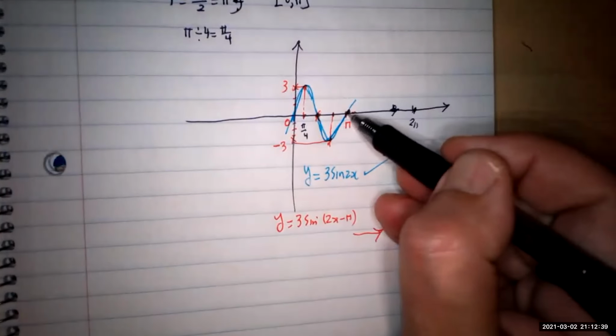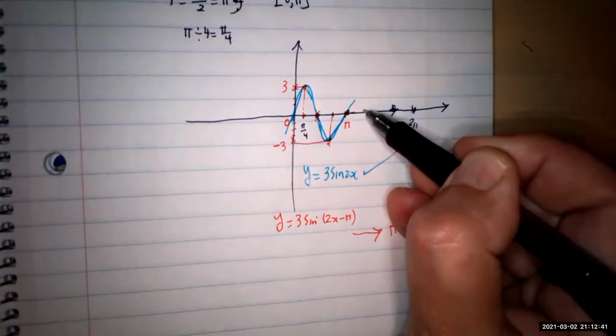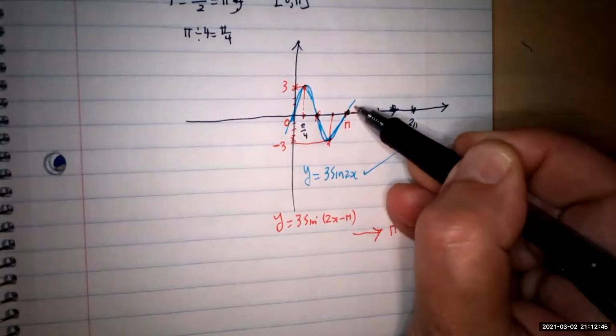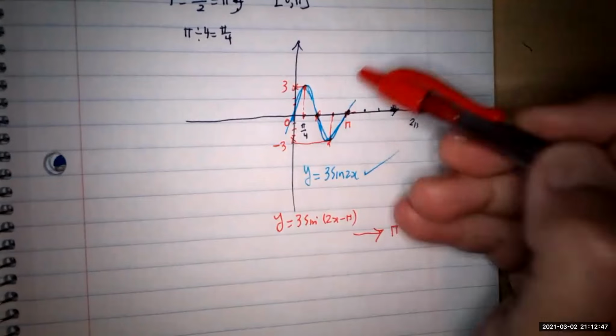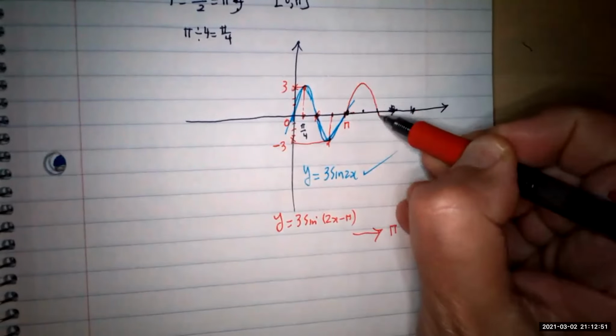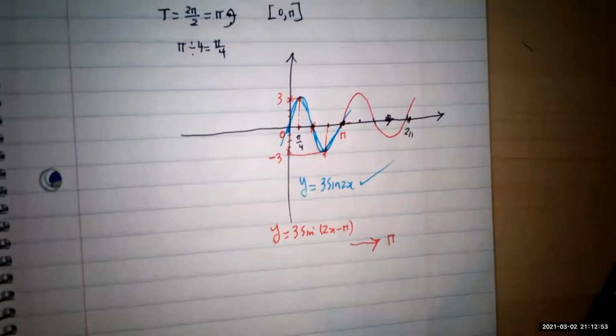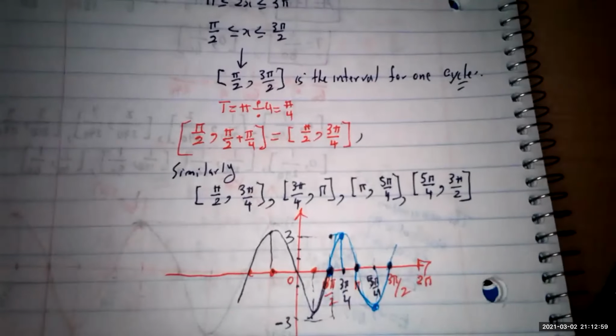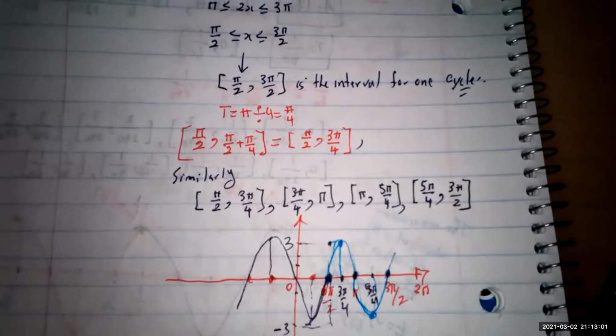So the 0 would be here, a little bit after the pi over 4, and you get those numbers, and then you can start from here. The same thing, for example. So that gives you almost the same thing. Yes, you can do the shifting.